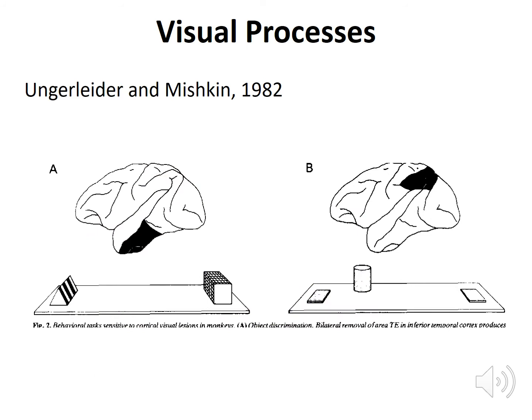So Ungerleider and Mishkin in their study trained monkeys to perform two tasks. You can see A and B. In one task, which is called the object discrimination task, the monkeys were presented with an unfamiliar object, and they were then presented with another object, and they had to identify which one is the new one in order to indicate that they recognize the previous one.